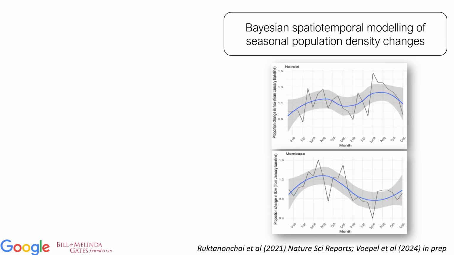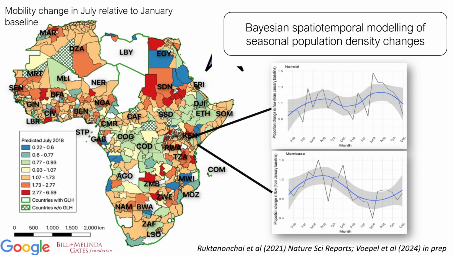And we looked at, when we bring those together, we can get a not bad approximation of the seasonal population flows that we see from some of these mobile phone data sets, and then use those models to estimate changing mobility in different months of the year.